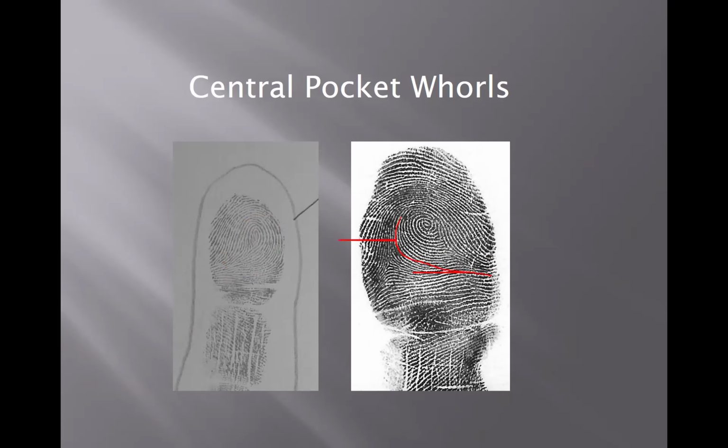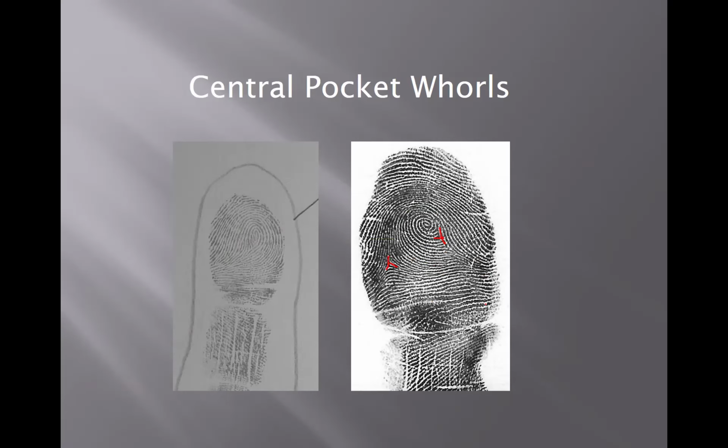So if you take that pattern like that, you can see that there's a triradius here. And so that would be like a sort of loop shaped pattern. But because it's got a spirally shape in the middle, it has to have a second triradius here. And having a second triradius here means that this is essentially a whirl pattern.